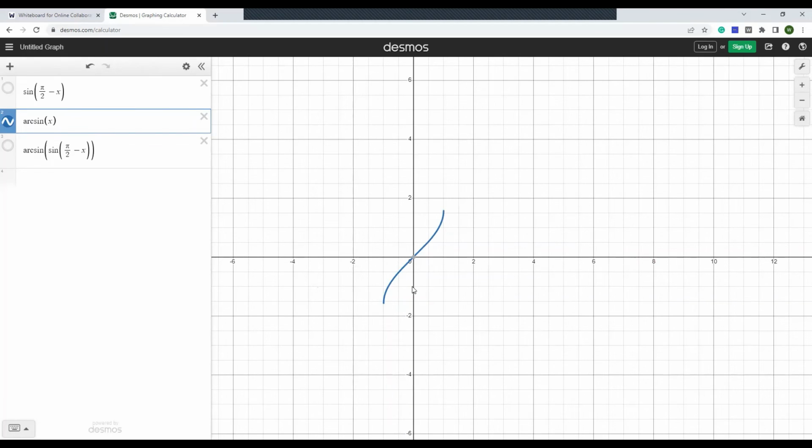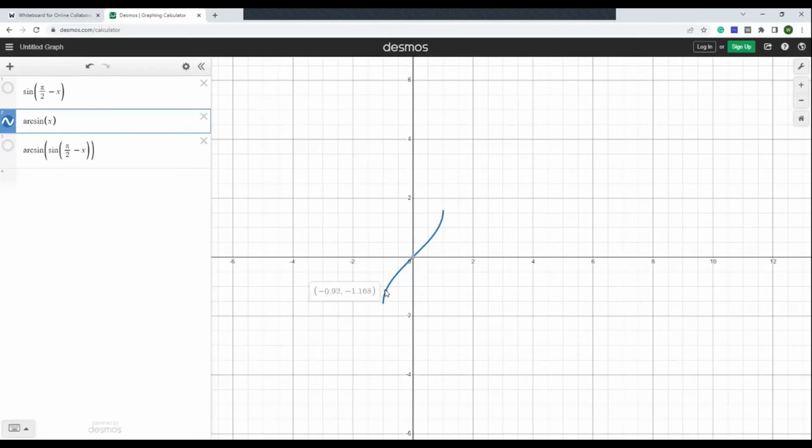But with that said, arc sine has to be an elementary function. So arc sine is not going to map the ratio between -1 and 1 back to the infinite amount of angles it could have come from.